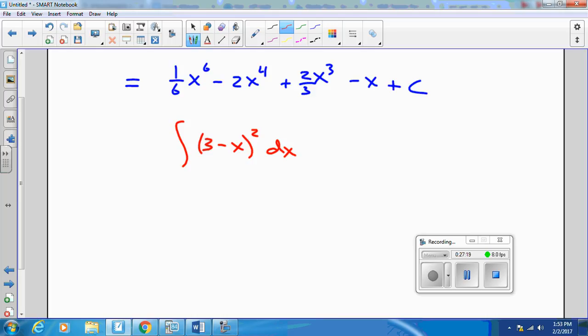Add 1 to the 2, divide by that. If you try it, you'll find out that it doesn't exactly work. It's close, but it doesn't exactly work. Yes, that's exactly right. We're going to multiply this out and do some algebra first, and then come back and integrate.